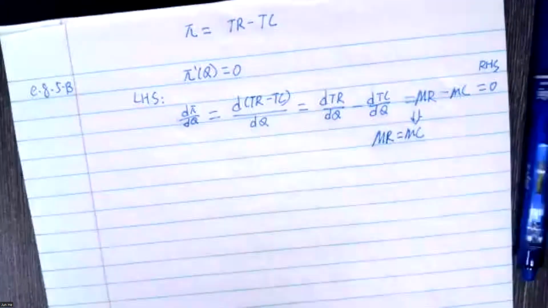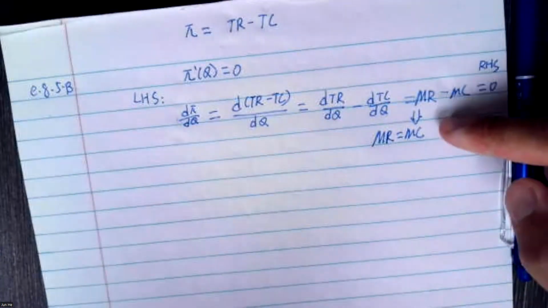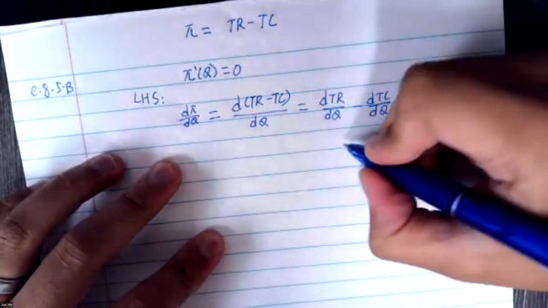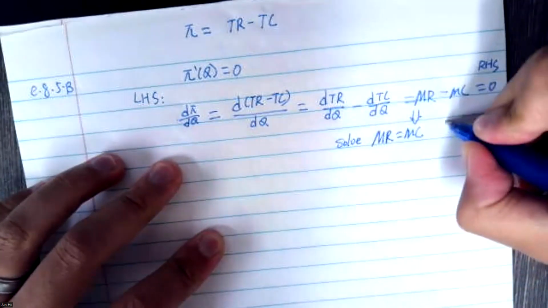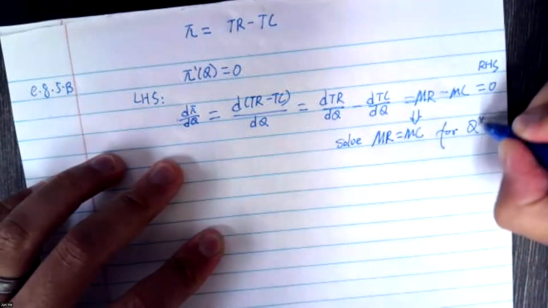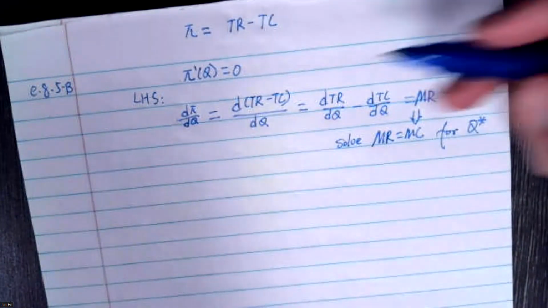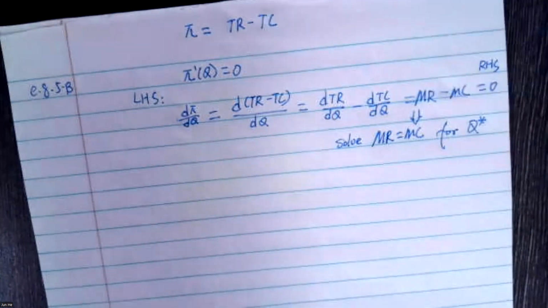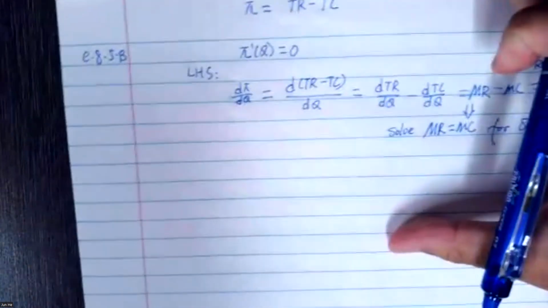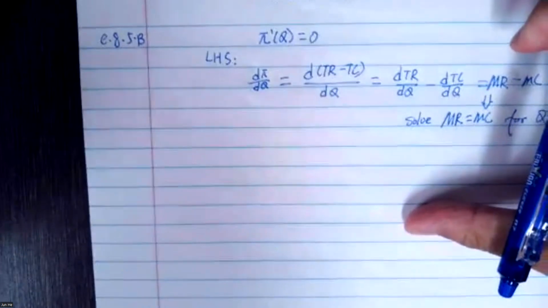Okay, so for this question, solving for Q star will be good enough. And for this one, I normally don't ask you to check the second order. You should, but here, for this class, I just avoid the trouble.